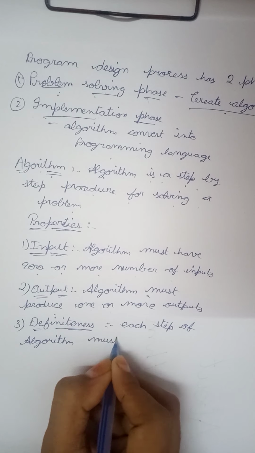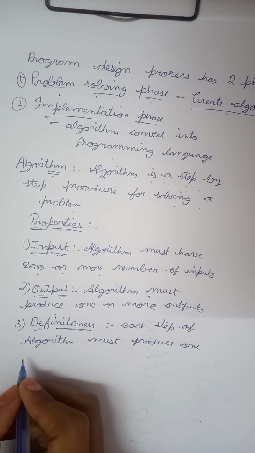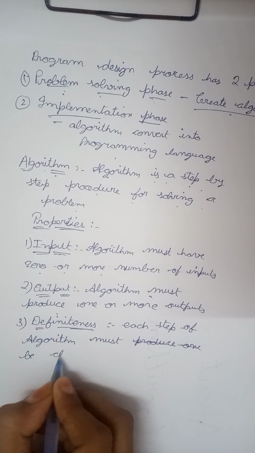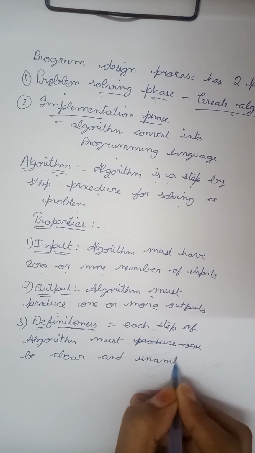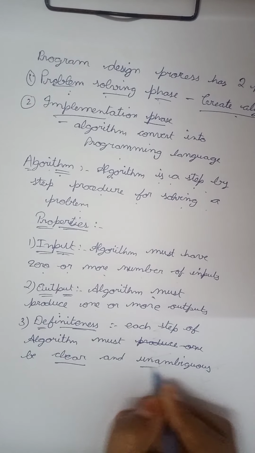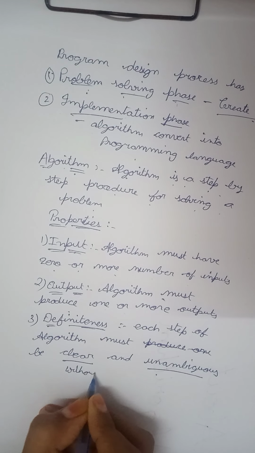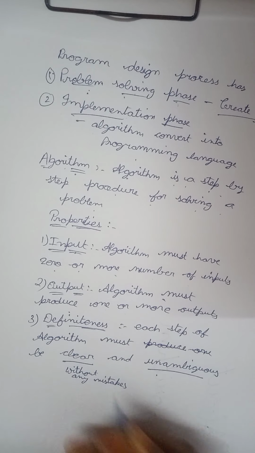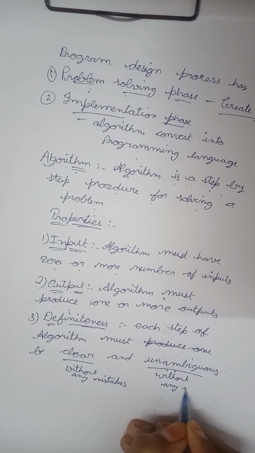Clear means without any mistakes, and unambiguous means without any doubts.